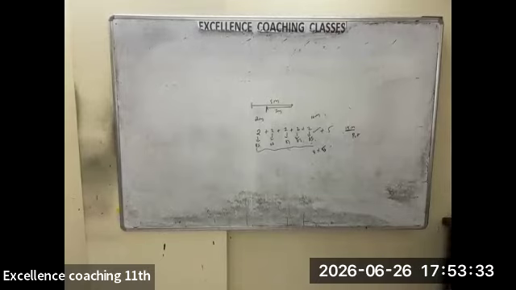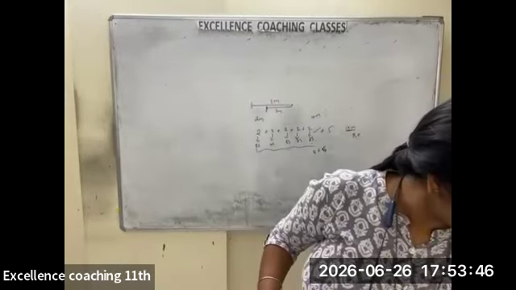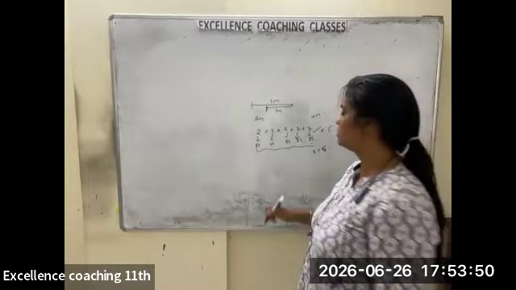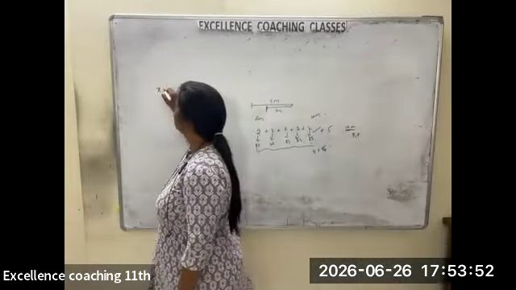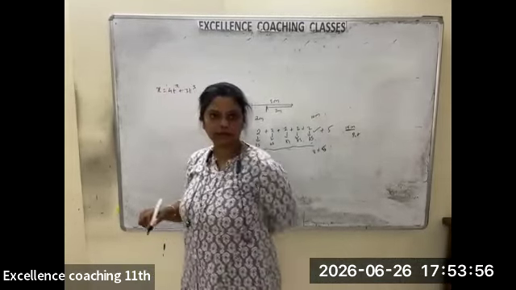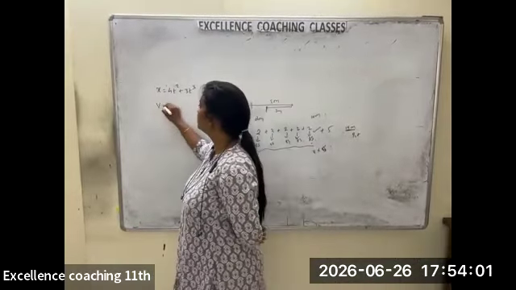Solved? 4t square plus 3t cube it is. Oh, sorry. I solved it with 3t square. Okay, anyways. So x is 4t square plus 3t cube, right? At t equal to 2 seconds. So you have to find velocity first.